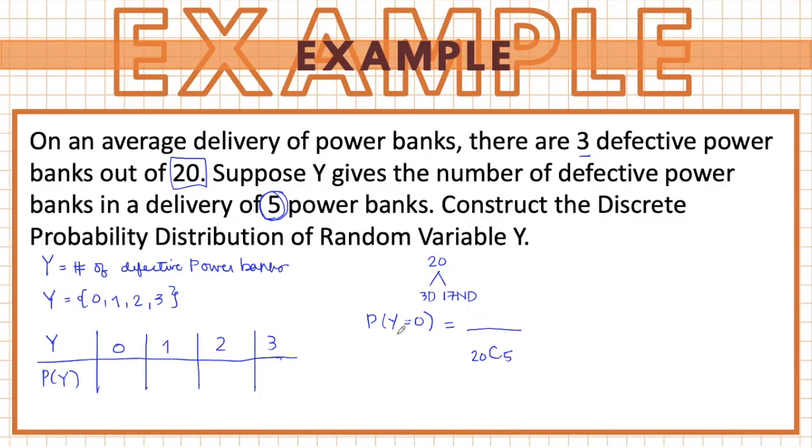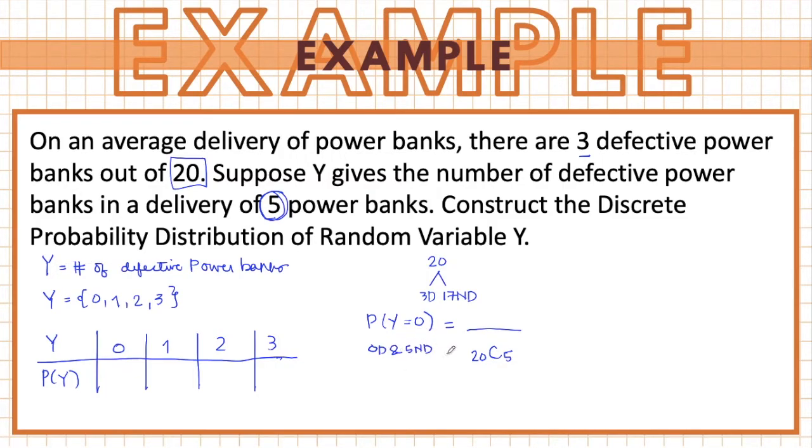So, ang favorable natin, dapat walang makuha sa defective power banks kasi y is equal to 0. So, kapag kumuha tayo ng 5, dapat wala tayong makukuhang defective. So, 0 defective and the rest are non-defective na. So, therefore, kukuha tayo ng 5 sa 17. So, we should be getting 5 non-defective.